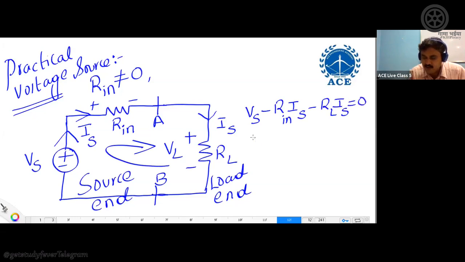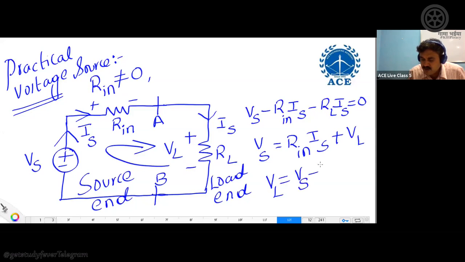So from here, I can express Vs as Rin into Is plus RL into Is, which I am writing as VL. Voltage on load is current on load multiplied by resistance of load. So you can express VL as Vs minus Rin into Is.